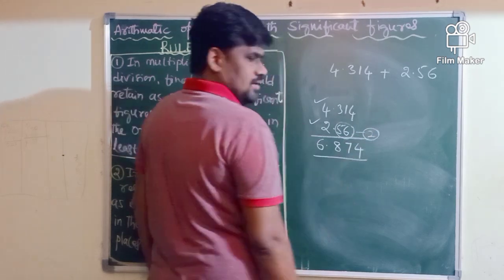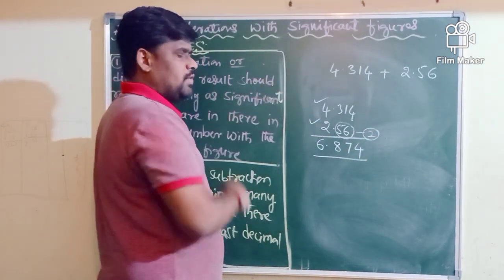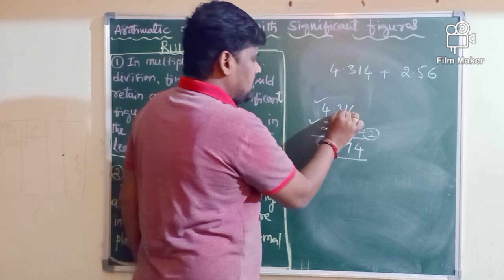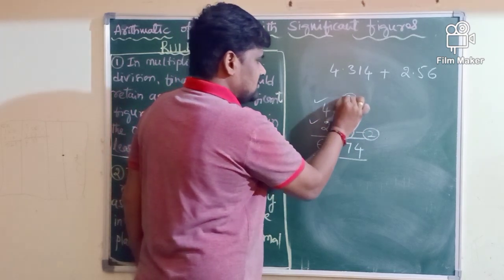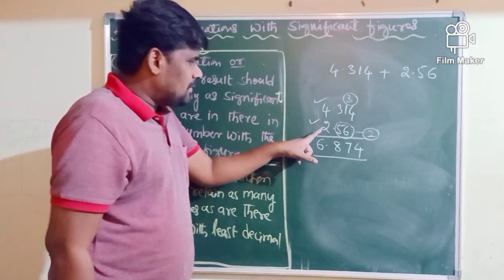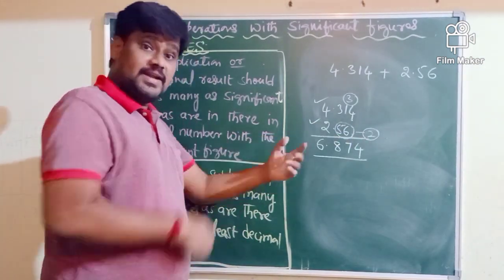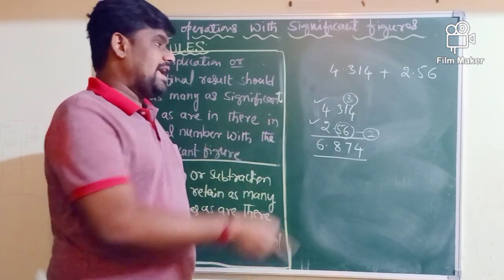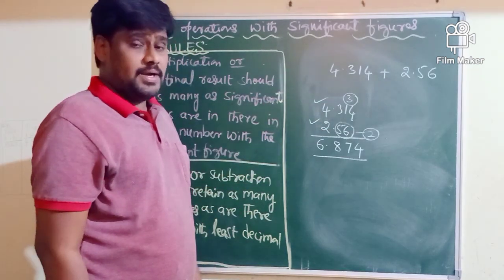And 4.314, after the decimal point, has 3 digits. This number has 2 digits after the decimal point. This number has 3 digits after a decimal point.